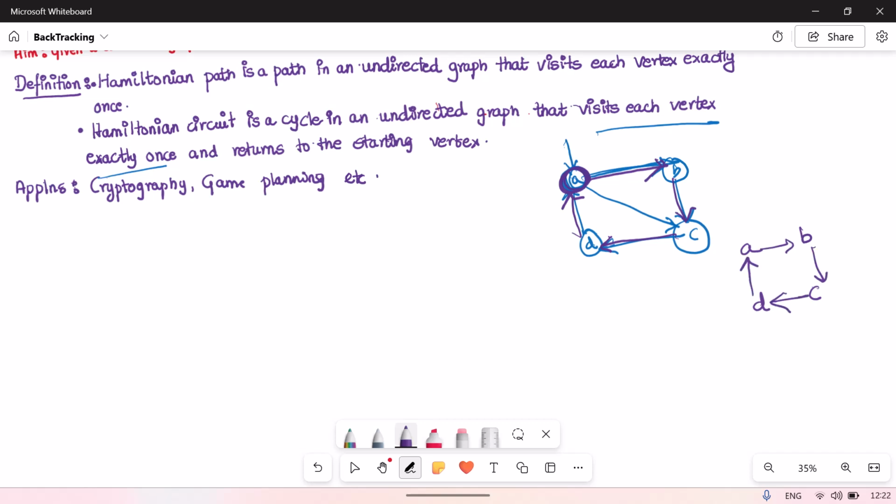See, this is a Hamiltonian circuit. That means you start at a given point, go through all the other vertices exactly once, and come back to the same point where the start was given.